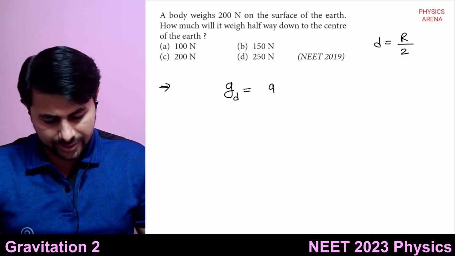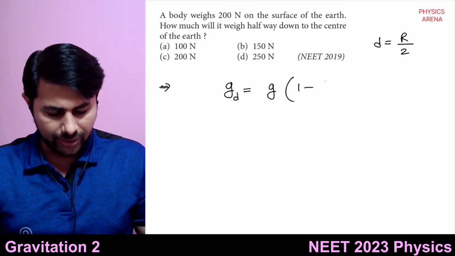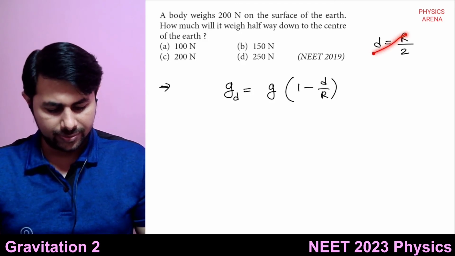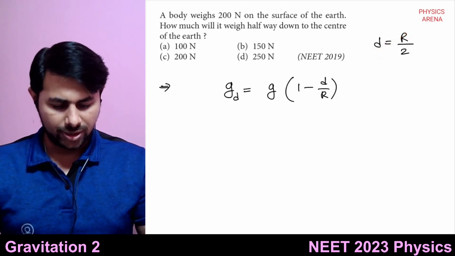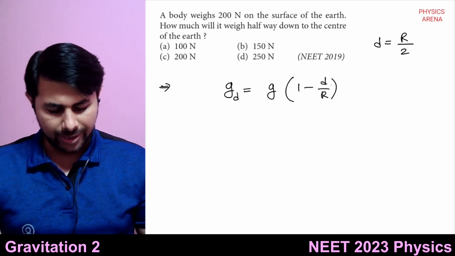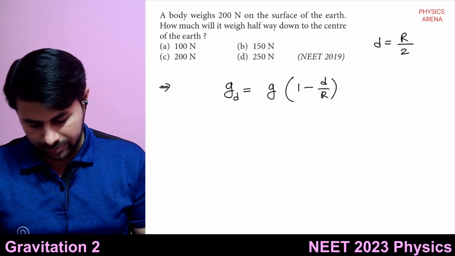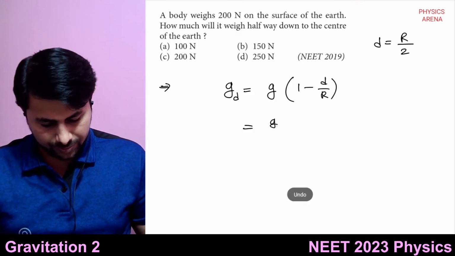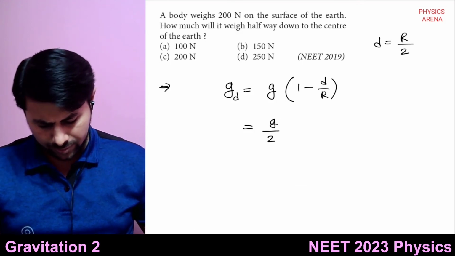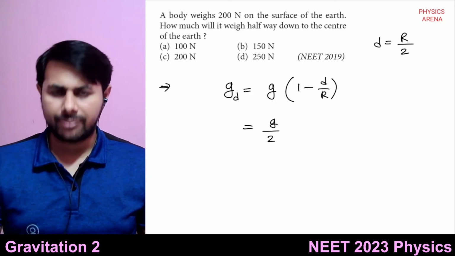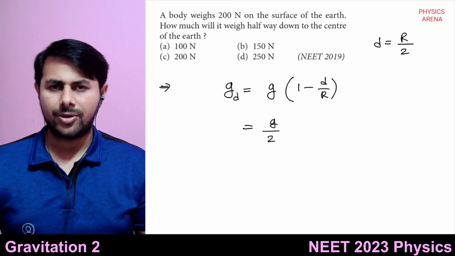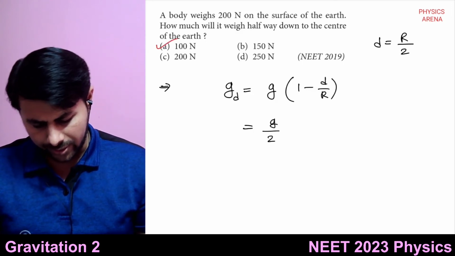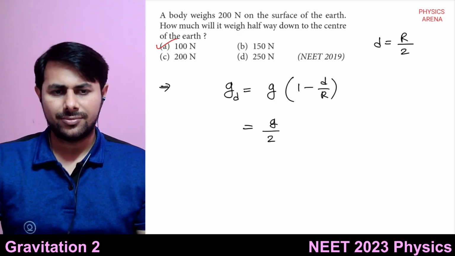So g_d is equal to g multiplied by 1 minus d by r. And d by r is 1 by 2. 1 minus 1 by 2 is 1 by 2, so it is g by 2 only. Since acceleration due to gravity becomes half, weight becomes half, because weight is m times g. So it is 100 Newtons.